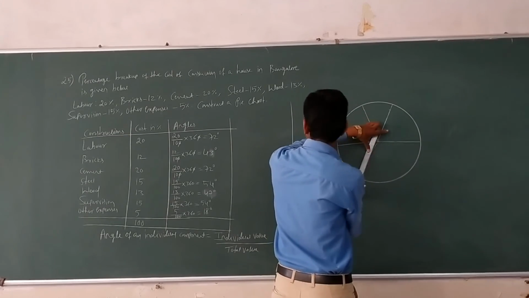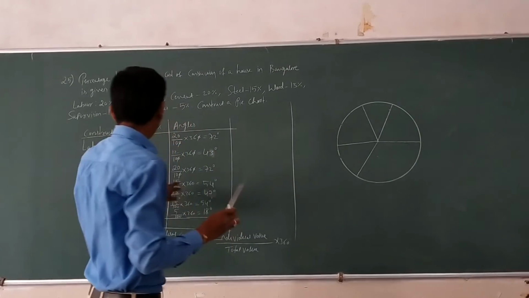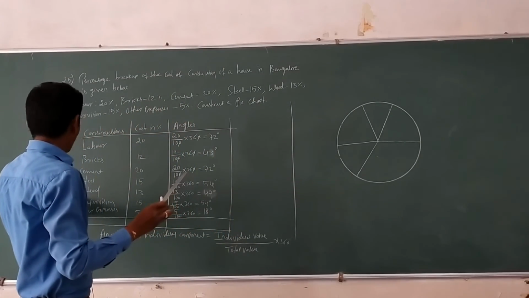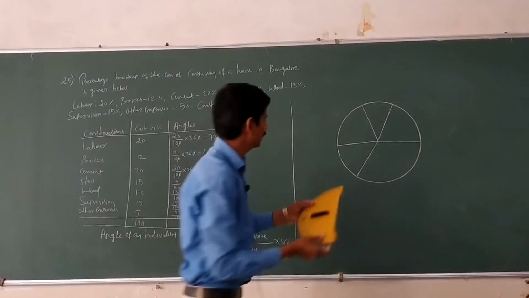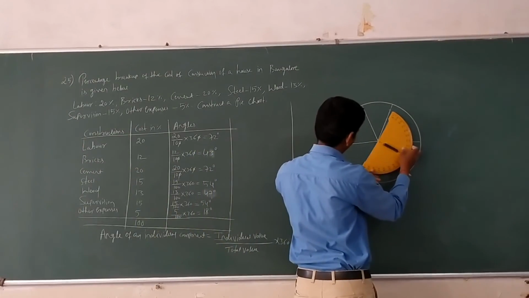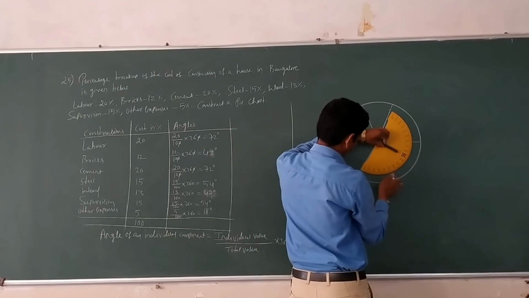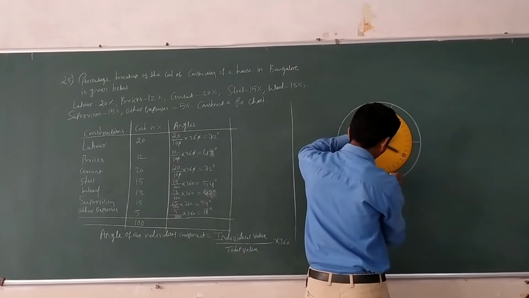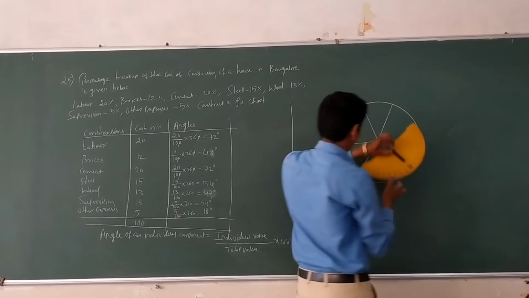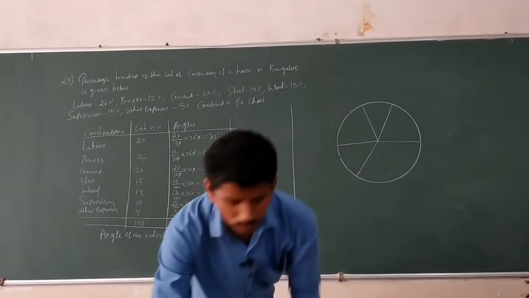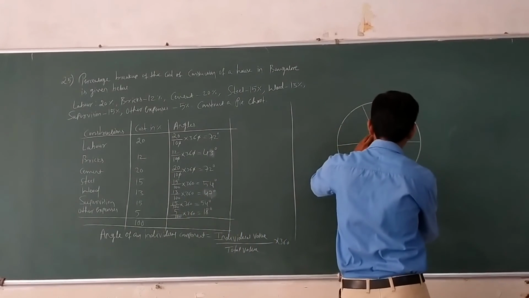Next, wood is 47 degree. Taking the same point again, mark 47 degree, not 50, 47. This is 47 degree.